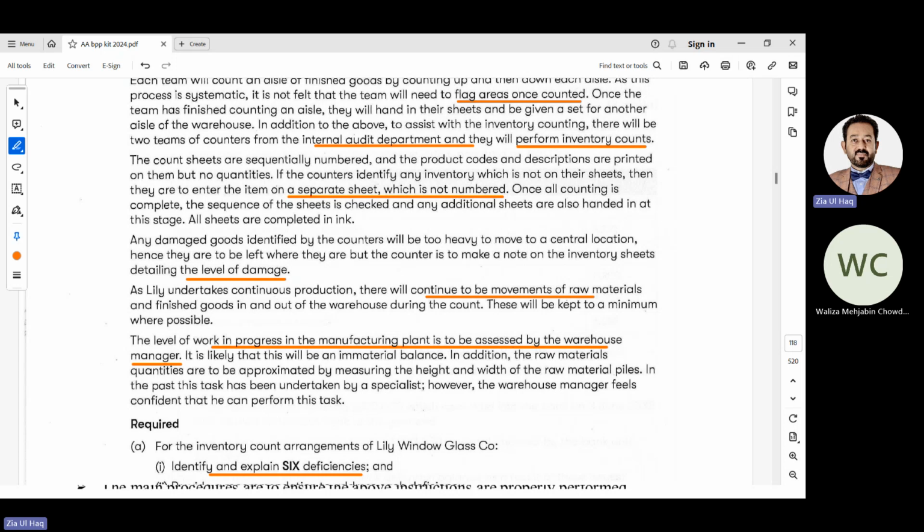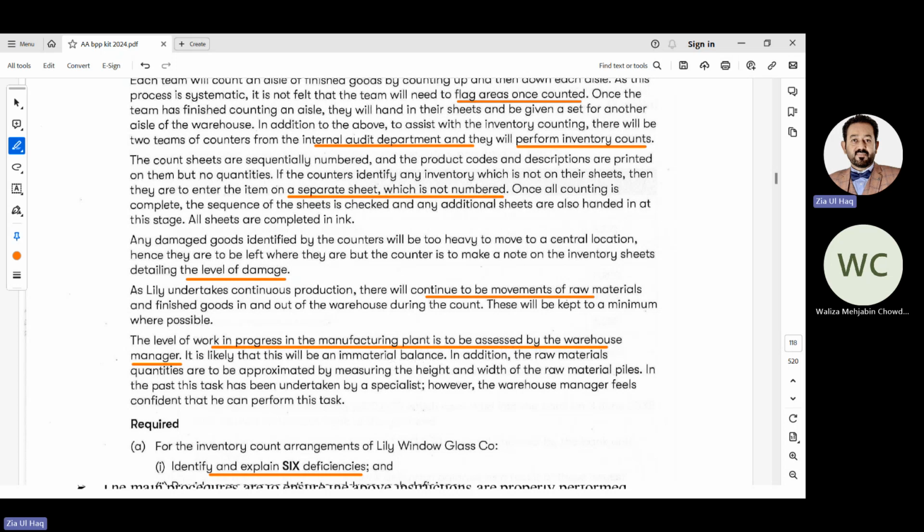And this could over or undervalue the inventory, because the value of raw material is less, work in process value is more, and finished goods value is even more than work in process. It is likely that this will be an immaterial balance.